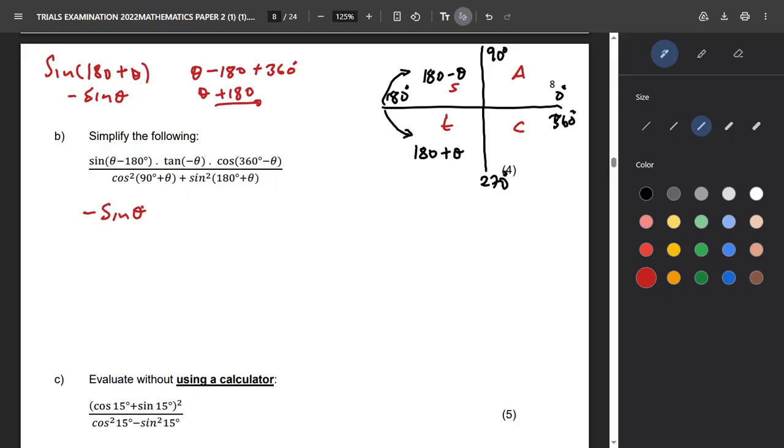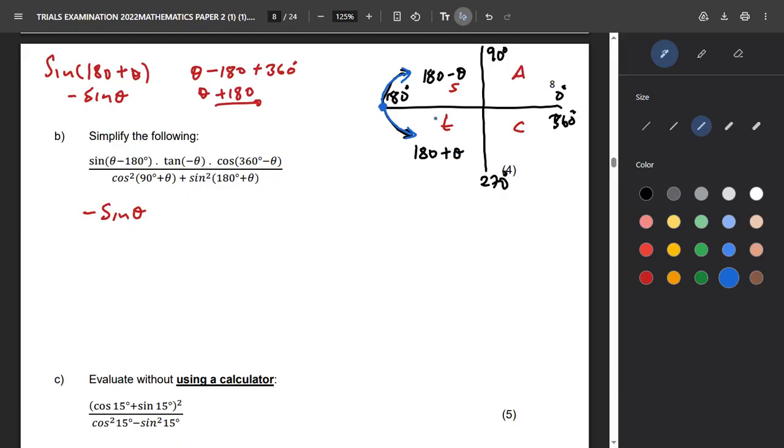Do you understand that part? You want me to repeat? Okay. Look at this. Remember, if we're moving from this point that side, you are subtracting, and if you move from this point this side, you add.